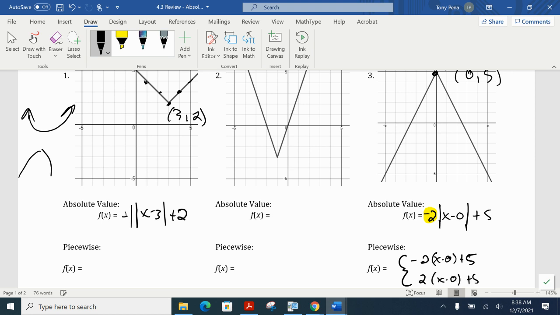And then she had the same exact thing for this one. So now here's where you need to be really, really careful, because let's look at our slopes here. Here's this point. If I ask you the slope of the line on the left, which one is this? Is this the positive slope or the negative slope? So is this line going up or down? Up. So isn't that the positive 2 right here?